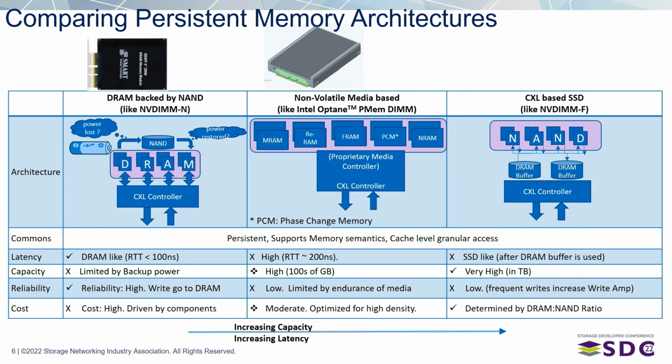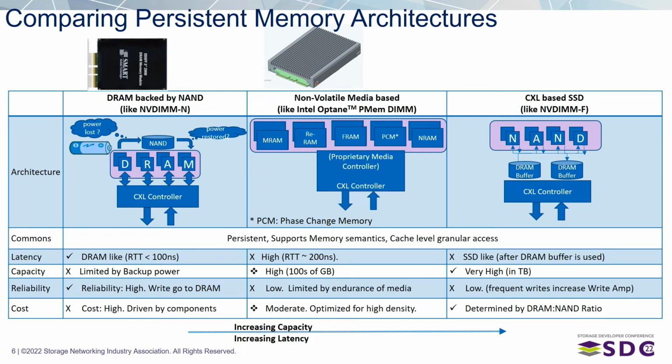That's the second point, which is the capacity. The NVDIMM capacity is limited by backup power. You need to have a backup power which is battery-based or supercap-based, so it's limiting the capacity you can hold here. The capacity of Optane DIMMs is really dependent on the media, and the capacity of CXL-based SSDs will be very high because it's using NAND Flash. NAND Flash has probably 16 times more capacity than standard DRAMs.